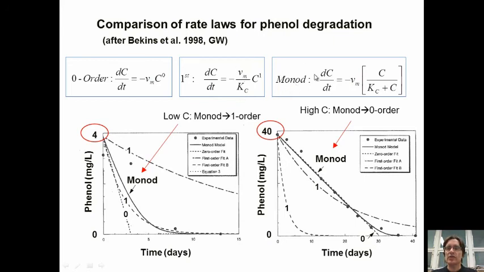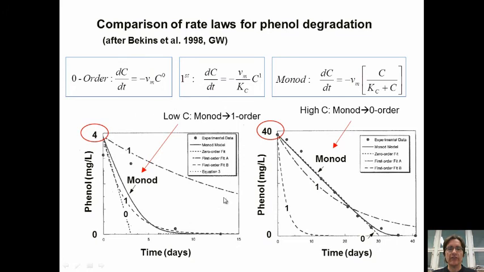And then for other cases, we can include a Monod term. This is a nonlinear rate, which varies between a 0 order and a first order, depending on this constant here. So here's a useful comparison based on a paper by Bekins in 1998, looking at phenol concentrations in a lab experiment over time, just in a batch system, so there's no flow, at 2 different concentrations.